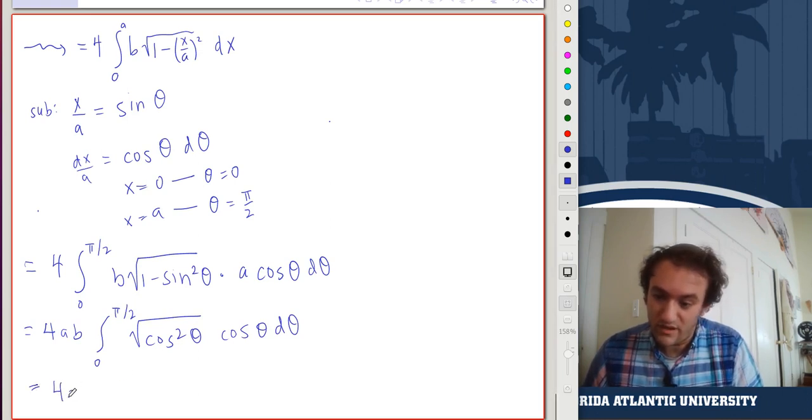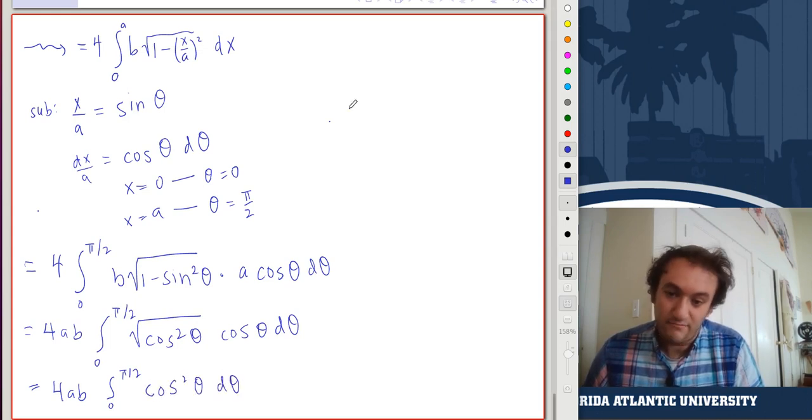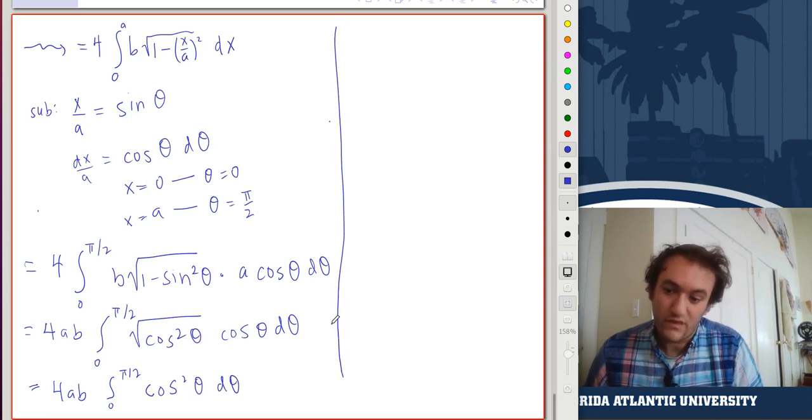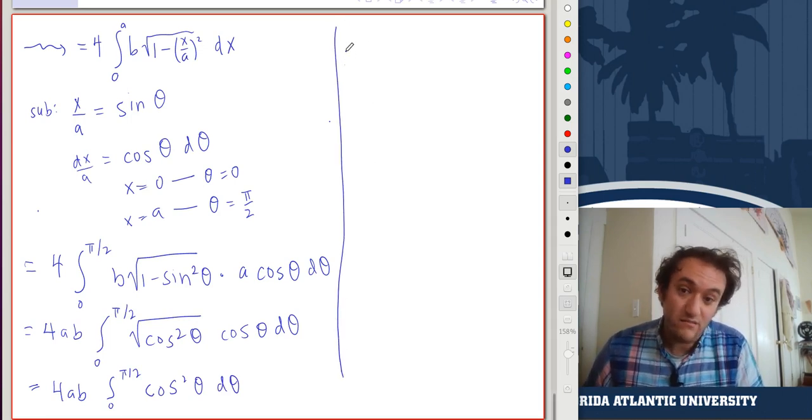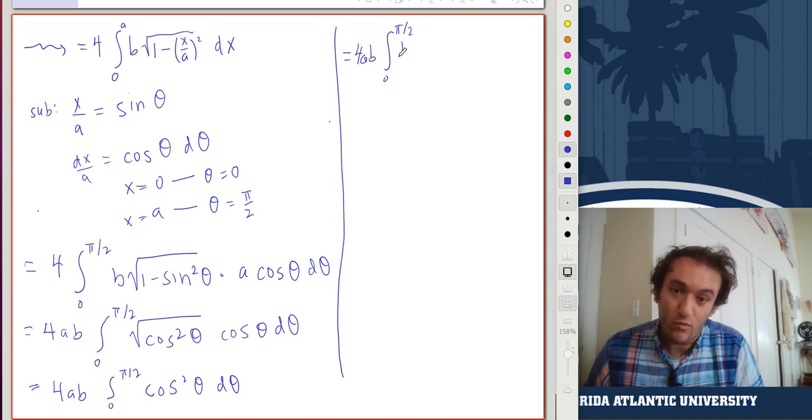And this is equal to 4ab times the integral from 0 to pi over 2. Here we just get a single power of cosine times the other cosine, which gives us cosine squared theta d theta. Okay, well we have an identity associated to cosine squared, which is that cosine squared is equal to 1/2 times (1 plus cosine 2 theta).